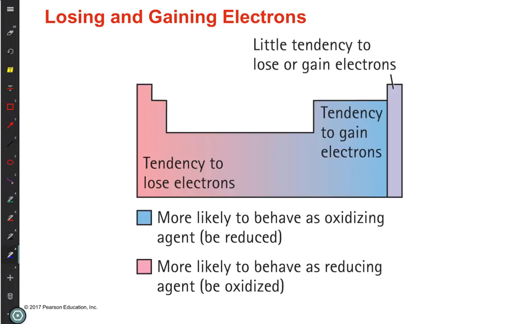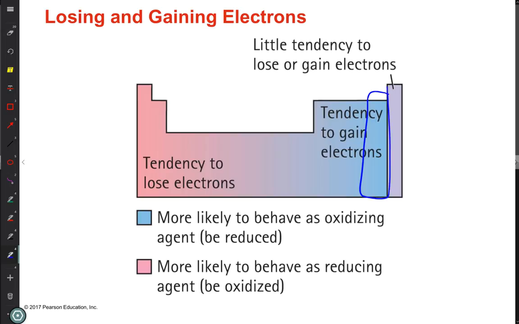I think it's pretty clear by now. We've talked about electronegativity, how strongly something wants electrons. Things over here really want electrons, so they tend to gain electrons. Hence, they are more likely to be reduced.